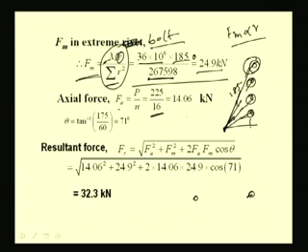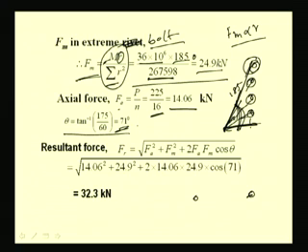So, the total is coming 14.06 kilonewton. So, 14.06 kilonewton is the axial force in each bolt, and theta means the angle between these two. So, theta will be tan inverse 175 by 60, that means 71 degrees, right.